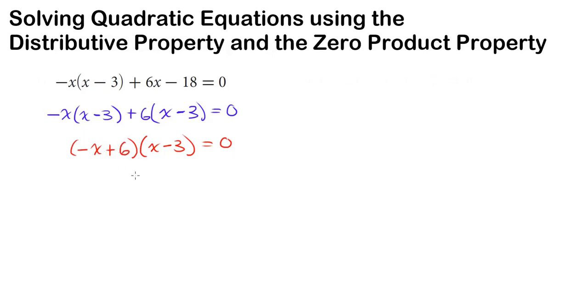So now we have negative x plus 6 times x minus 3 equals 0, and we can go ahead and finish finding the x-intercepts. So here, negative x plus 6 times x minus 3 equals 0. That means negative x plus 6 might equal 0, or x minus 3 might equal 0, or both.